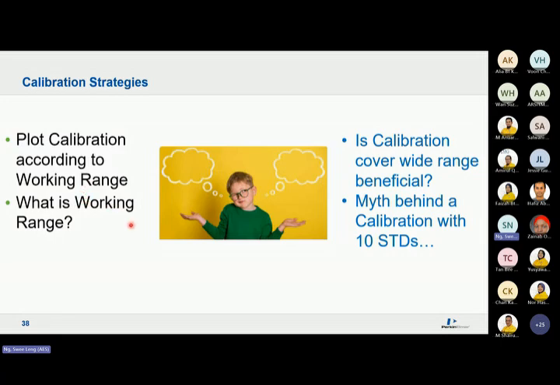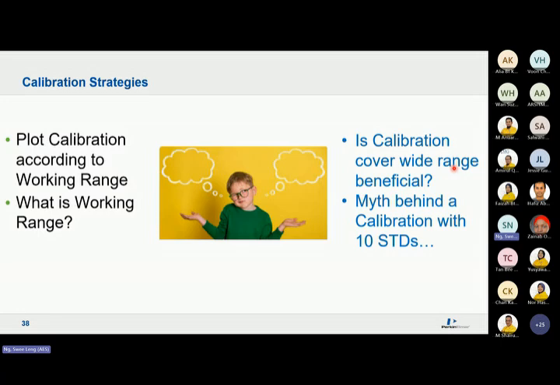Or let's say you have another school of thought, they will say, I would like to have a calibration curve with a very wide range. Maybe once in a blue moon, my sample is 10 ppm. But actually, the 10 ppm sample only comes once a year. But the majority of the samples are only 0.3, 0.5. So why do you want to cover a high range?